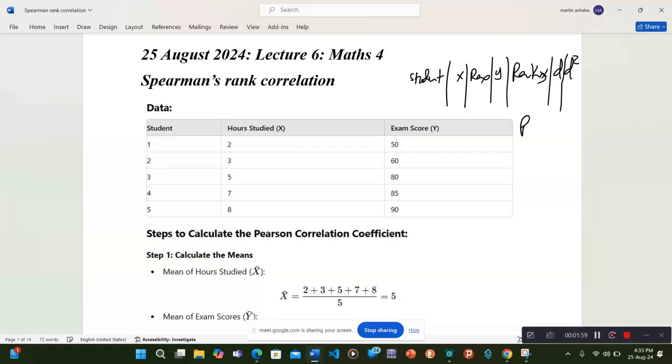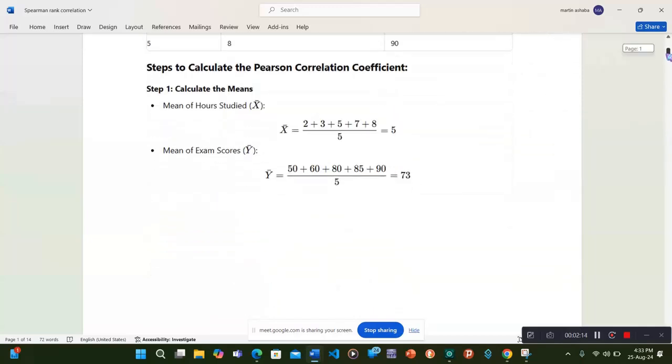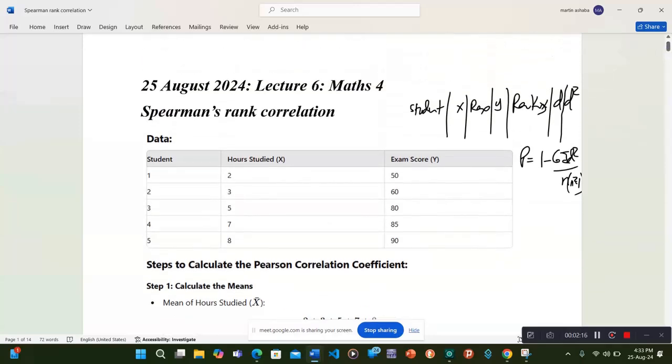Therefore, the Spearman's rank correlation coefficient will be 1 minus 6 times the sum of D squared, divided by N times N squared minus 1, as we had said earlier. Then you can comment based on the value of rho, the Spearman's rank correlation coefficient you have obtained.